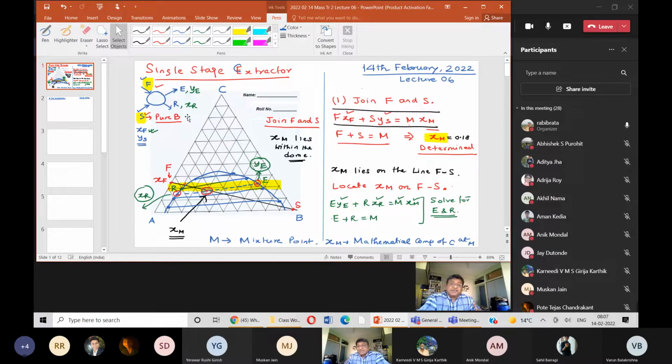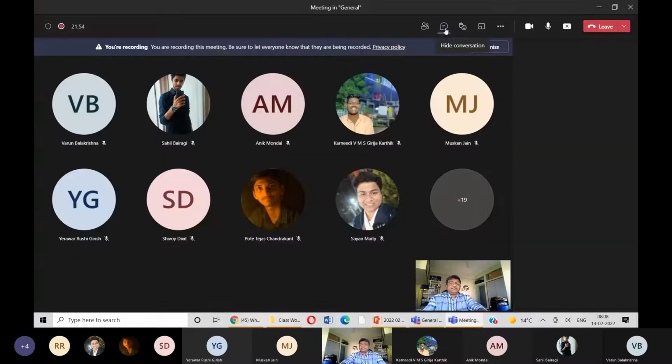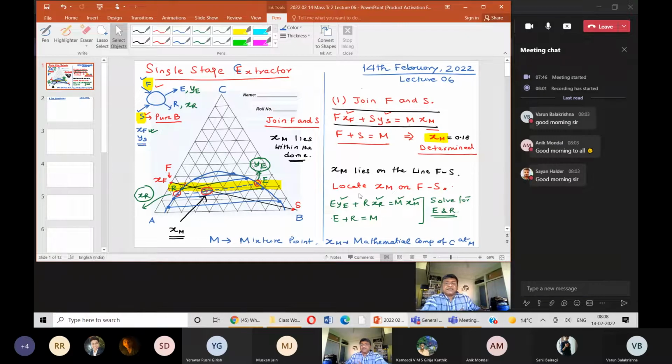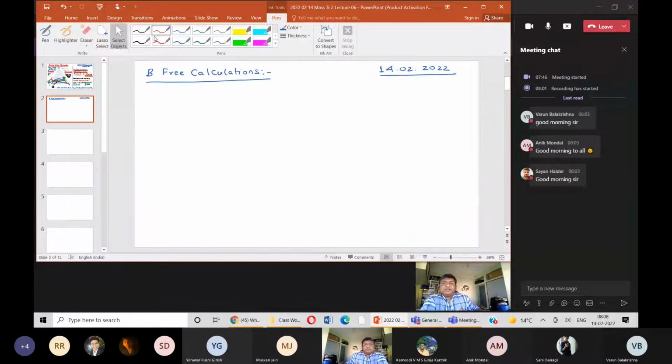Right. So this is a single stage calculation on a triangular plot, which everybody now understands. And we are going to get started with the B-free calculation for a single stage extractor.